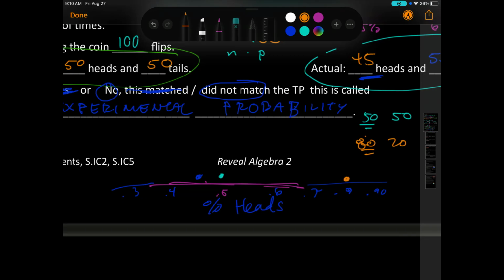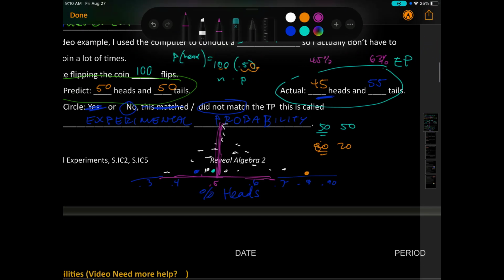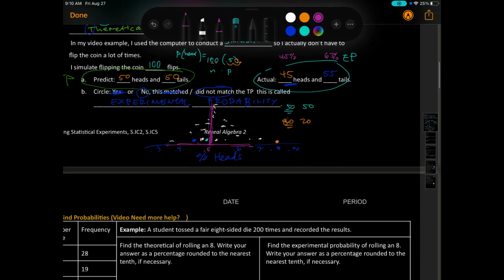And if you do this experiment, the simulation, over, I don't know, 2 million times, you'll notice something. It'll come all over the place, but what happens is that your dots will keep starting to stack, and you'll realize that they stack right here towards the theoretical probability, and they call this the law of large numbers.